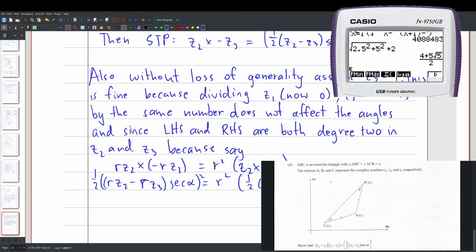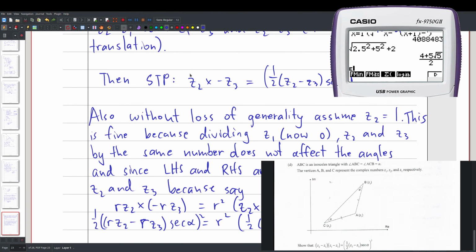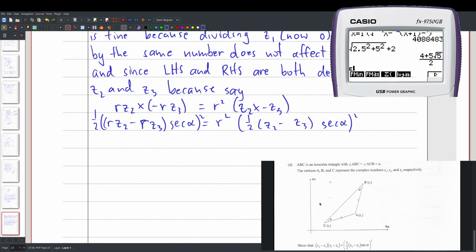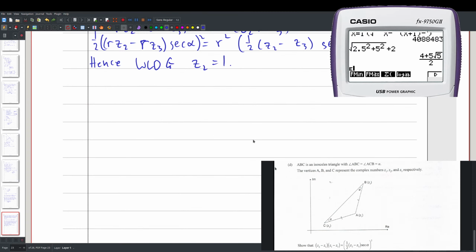You can see that the r squareds come out, and this part is the same as this part. It doesn't matter if you multiply everything by r, so you can say without loss of generality z2 is 1, and then you get this diagram, because the angles haven't changed.